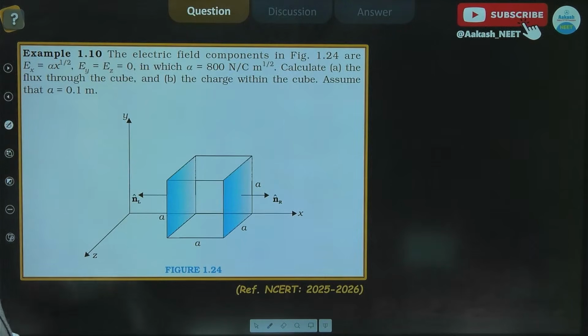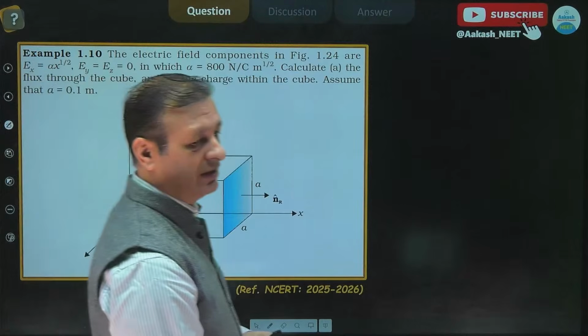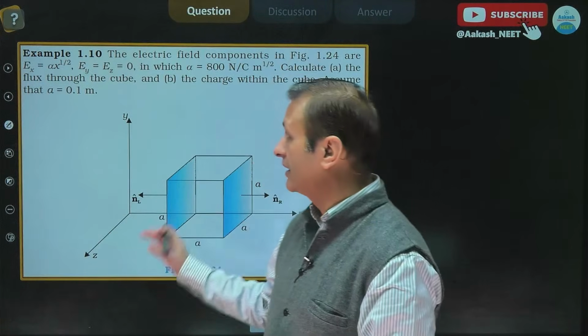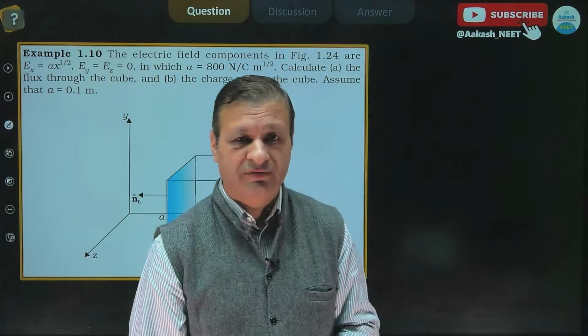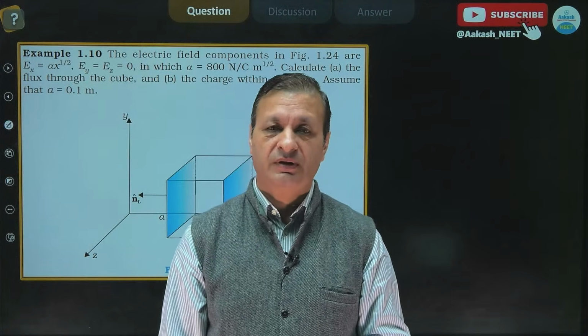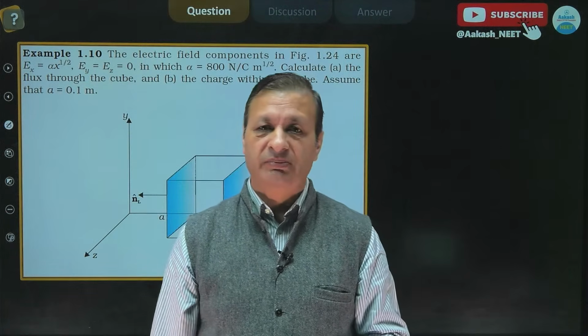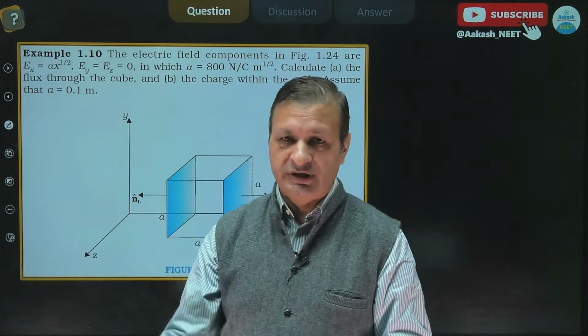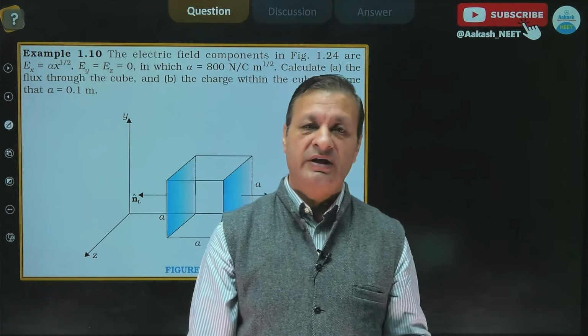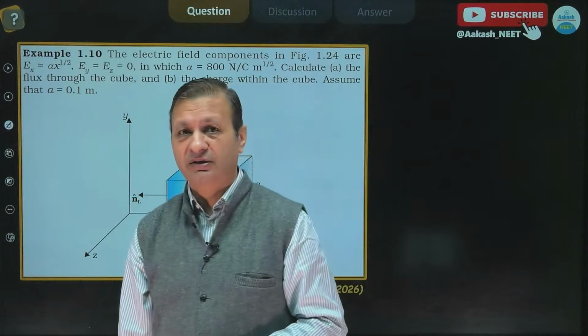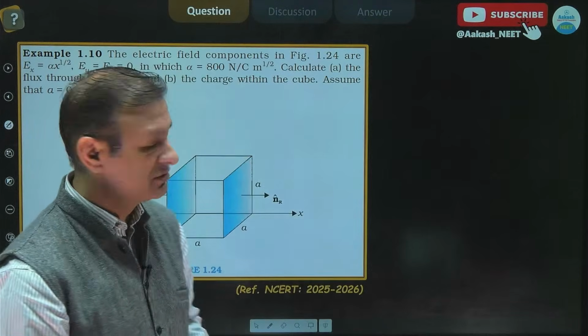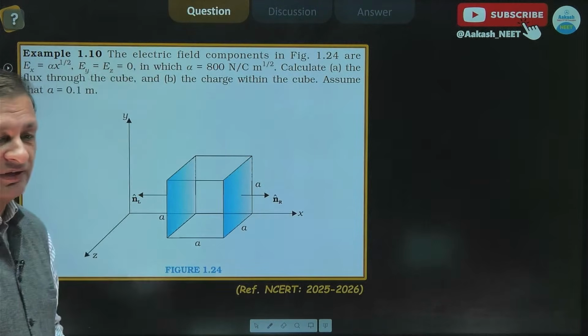Now, this is again one of the important numericals, I would say, which is an example from your NCERT part. This example is quite important because this variety of question has been asked in your CBSE board as well as your NEET a number of times. So this is again very important.